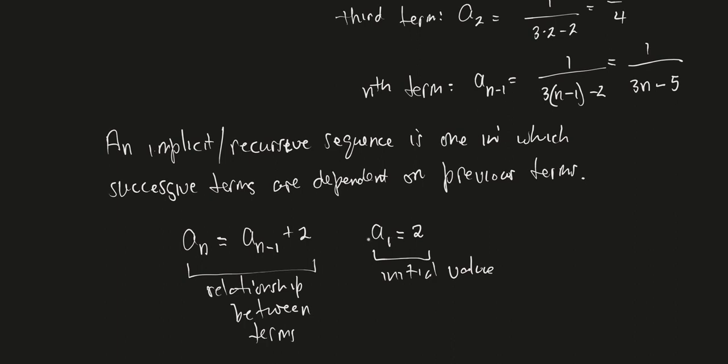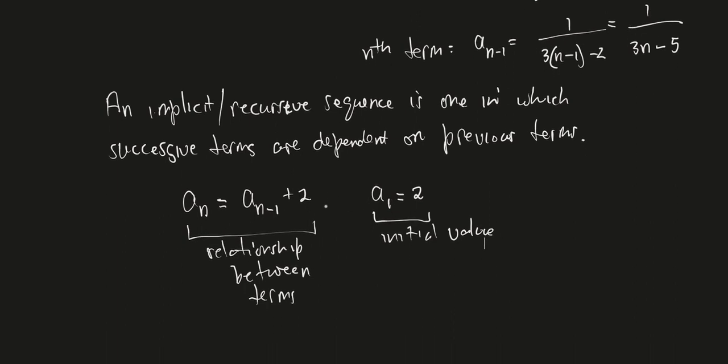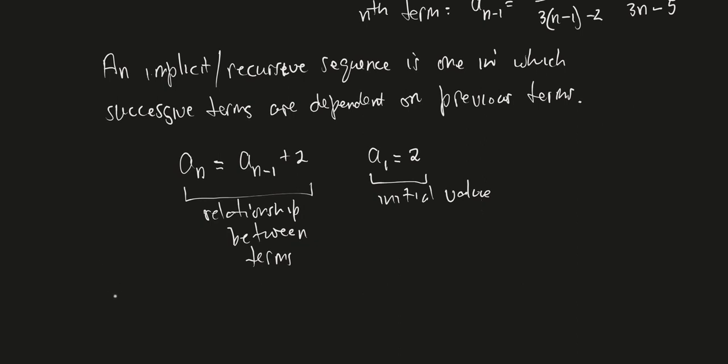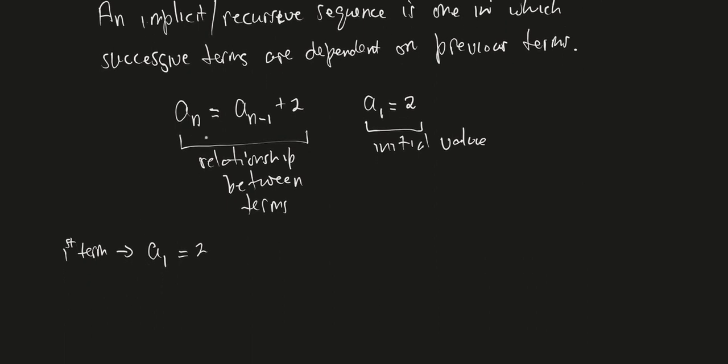All right, so let's see if we can do that. Let's list the first 4 terms. Well, the first one is already given. This is considered a term, so a sub 1 is equal to 2. This is my first term in this sequence. To get the next term, which I know would have to be a sub 2 because I'm only working with integers, that's where I use this relationship.